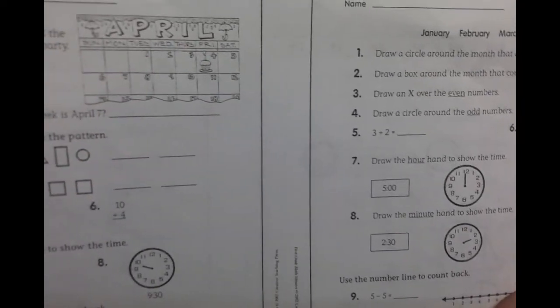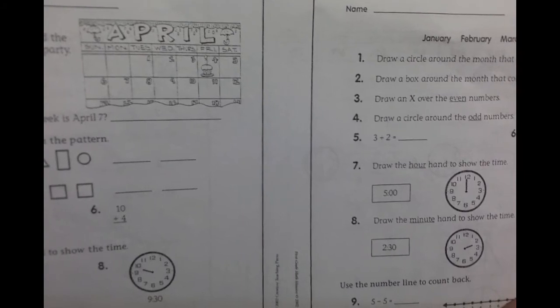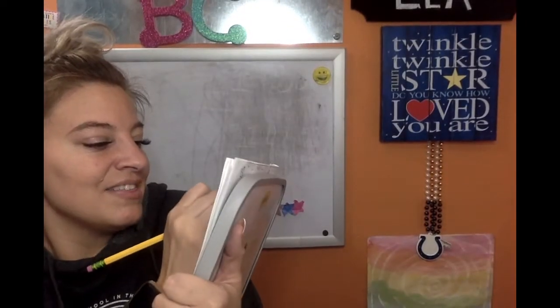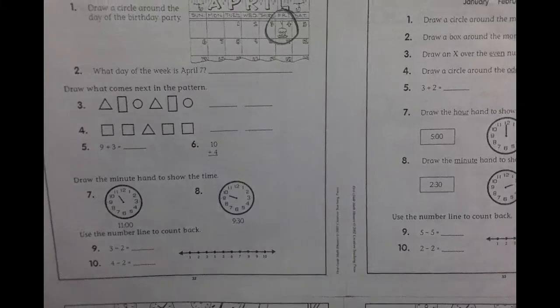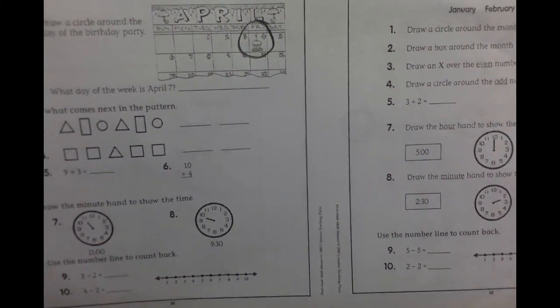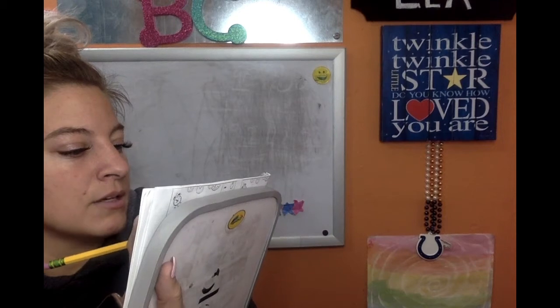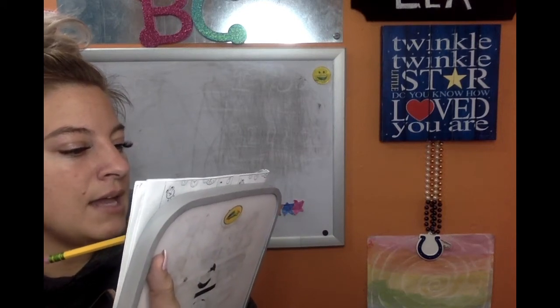Which day would you think is the birthday party and why? The 4th. Yes, because they put a birthday cake up there. Very good. I'm going to put a box around it so you can see it.